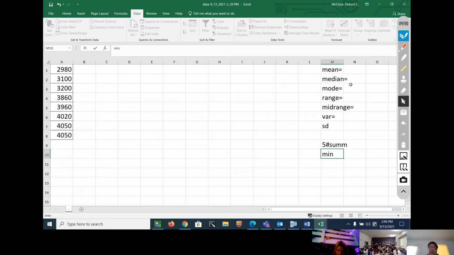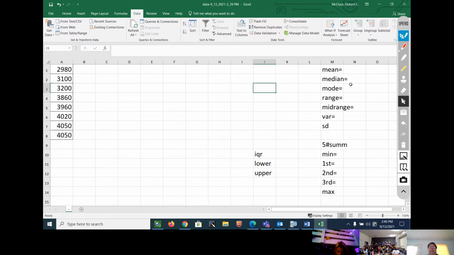The mean, first, second, the third, and the max. Go ahead and do the interquartile range, lower, and the upper.